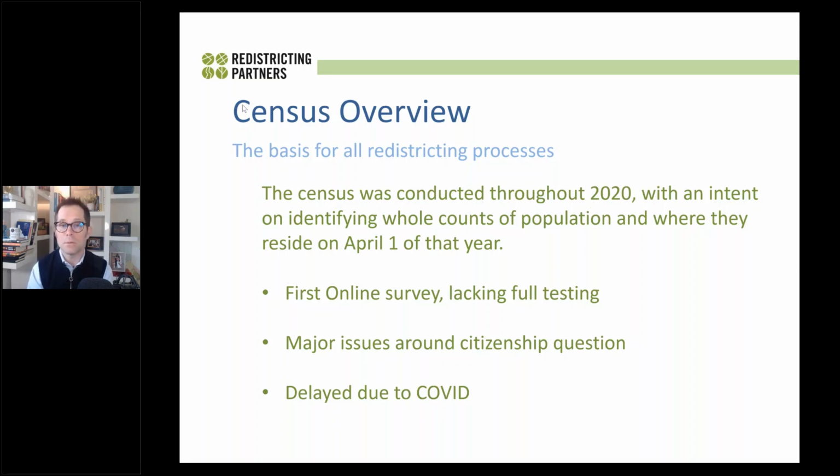The second element was whether or not they would remove non-citizens, by using administrative records, from the apportionment for each state to determine the number of congressional districts in each state.